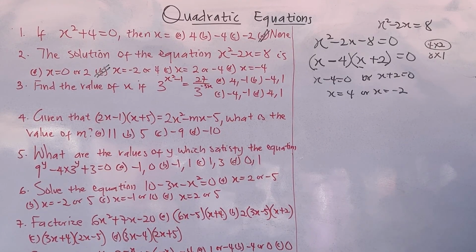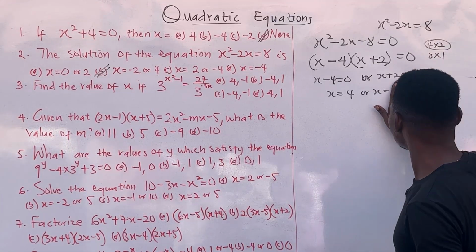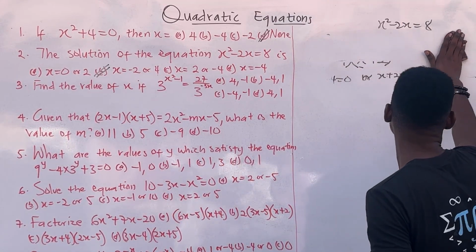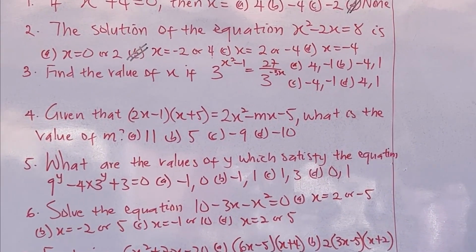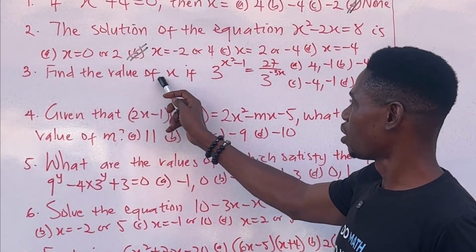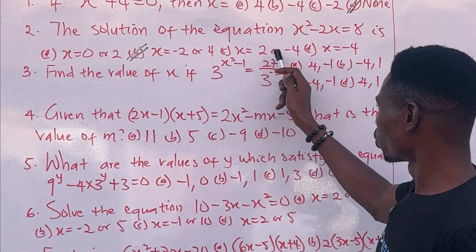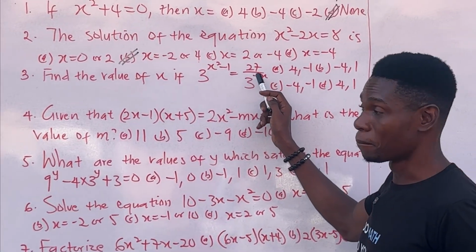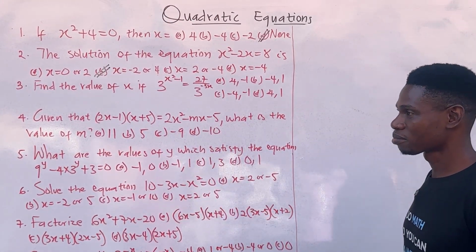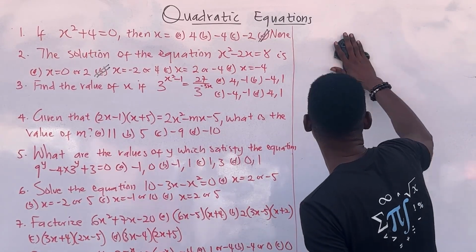Now for number 3, this looks like an indicial or exponential equation. It says find the value of x if 3 raised to the power x squared minus 1 equal to 27 divided by 3 raised to the power minus 3x. Okay, so how do we solve a problem like this?